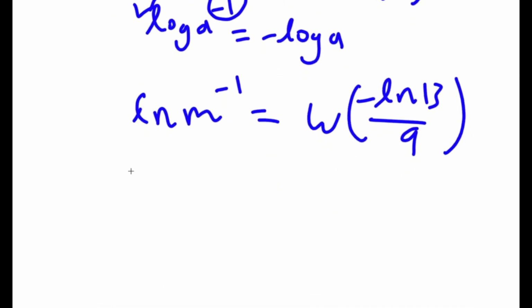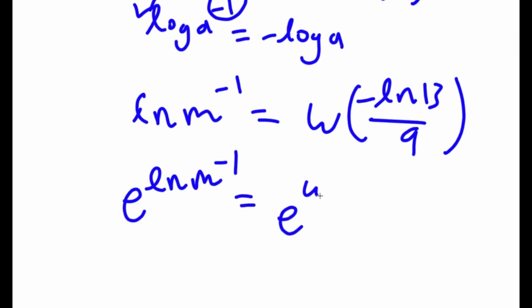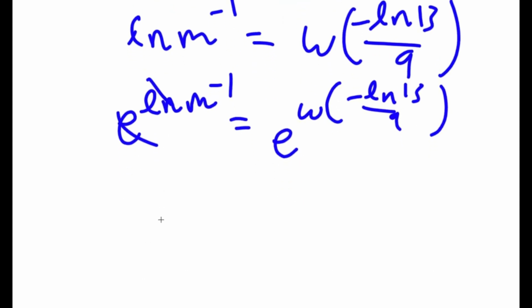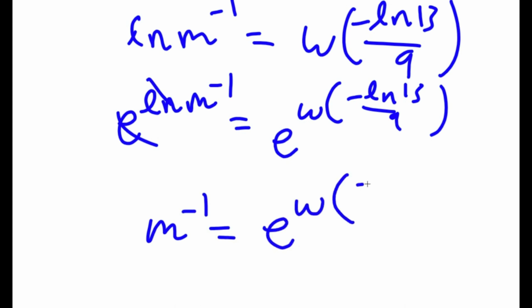Now if I take e on both sides, I get e to the power of ln m to the power of negative 1 is equal to e to the power of W of negative ln 13 over 9. So then this e and ln cancel out. So now I would be left with m to the power of negative 1 is equal to e to the power of W of negative ln 13 over 9.